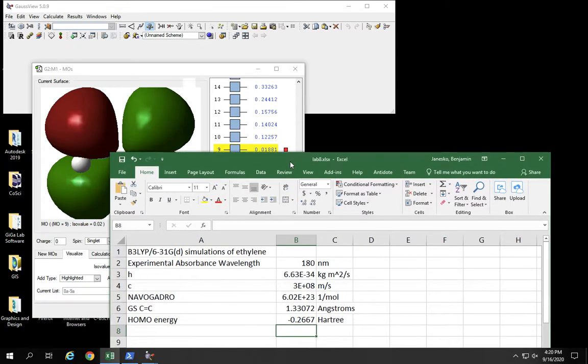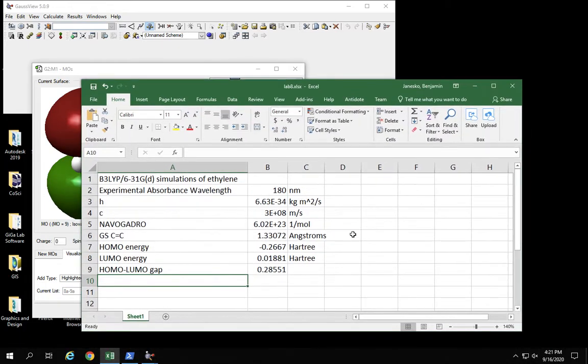The LUMO energy is 0.01881. The HOMO-LUMO gap is just the LUMO energy minus the HOMO energy, still in Hartree. And I'm going to put here just a new row.